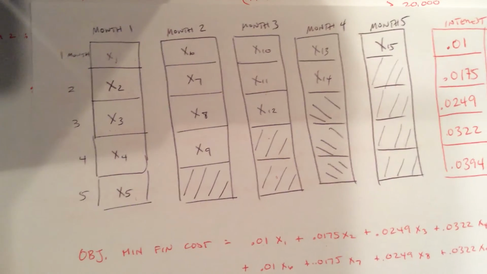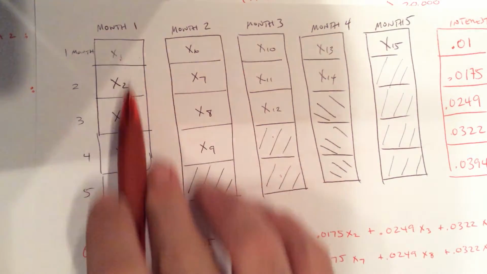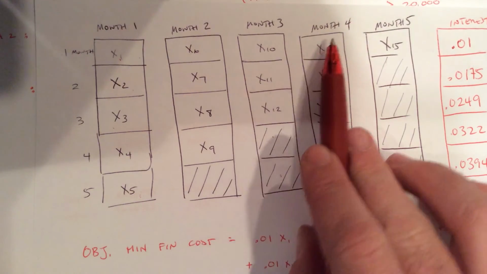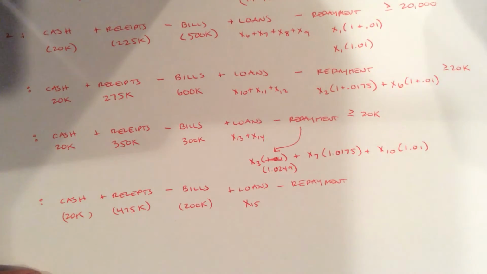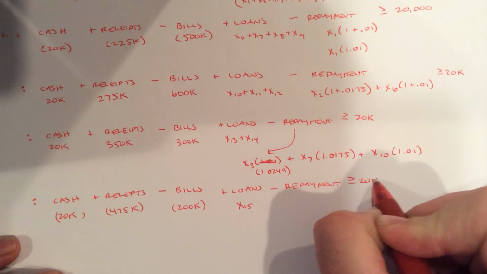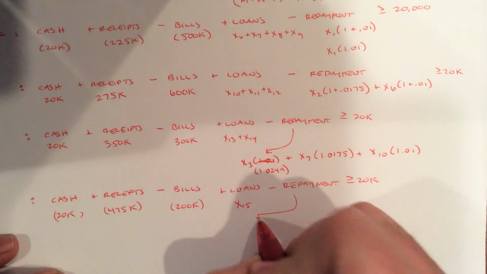So let's go back here. It's going to be the diagonal. In month 1, we took out a 4-month loan, which is what we pay back in month 5. So it'll be X4, X8, X11, and X13. Our repayment needs to be greater than or equal to 20K. So what is our repayment amount?